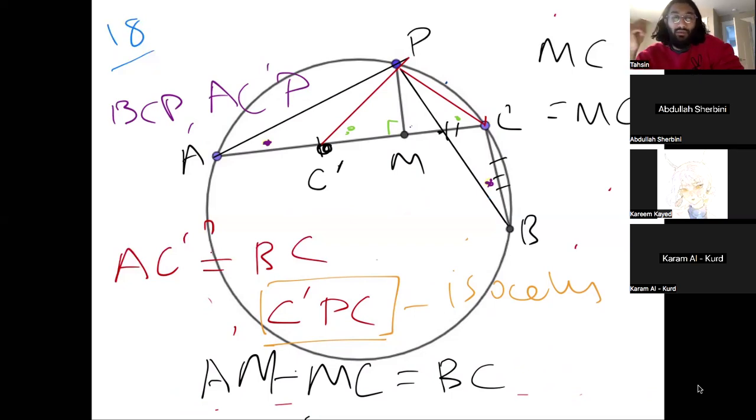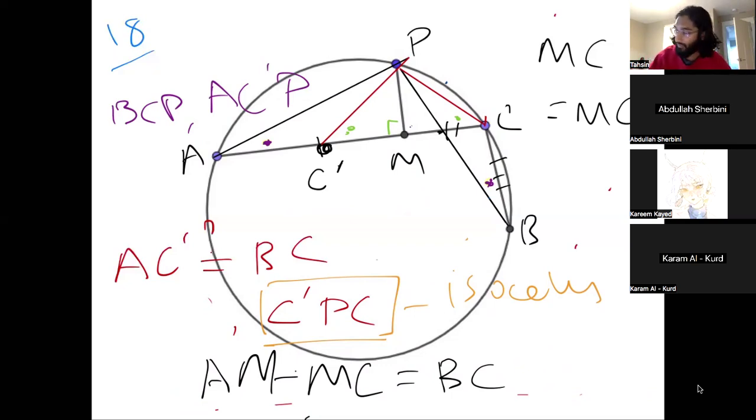So any ideas how we can prove this? So we already have one angle. Is there a side we can match? Yeah, C prime P and PC. Great.